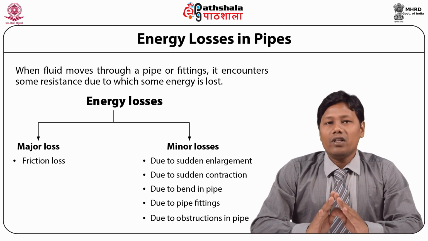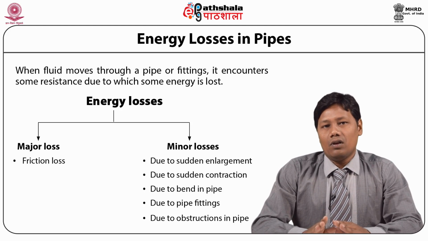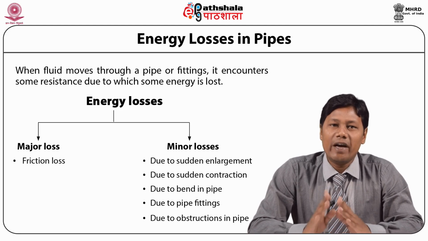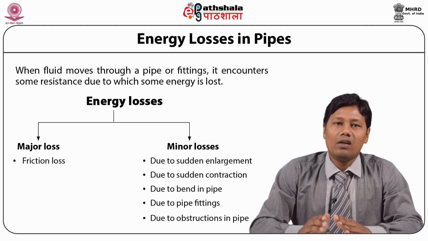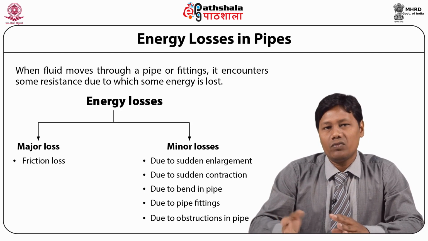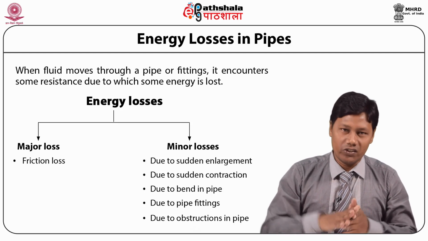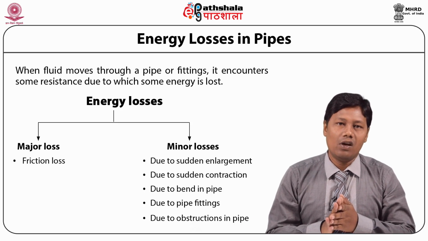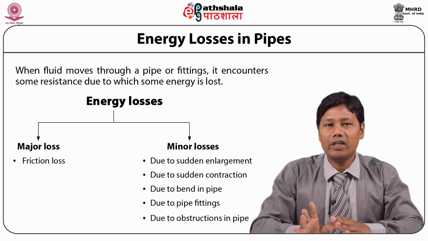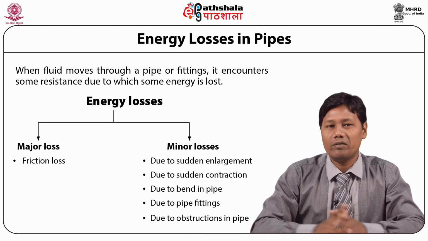There are some other minor losses, although they are not so significant. The minor losses include the losses due to sudden enlargement of the pipe, the losses due to sudden contraction of the pipe. Also, it is inevitable that there are some pipe fittings in your pipe lines.